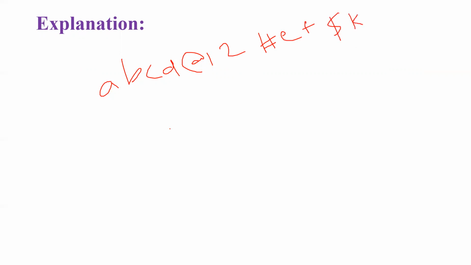Now what I will do is first I will extract the alphabets and digits. It's nothing but A, B, C, D, 1, 2, E, F, K. There will be no dollar, just K. These are all the alphabets and digits present in the given string.